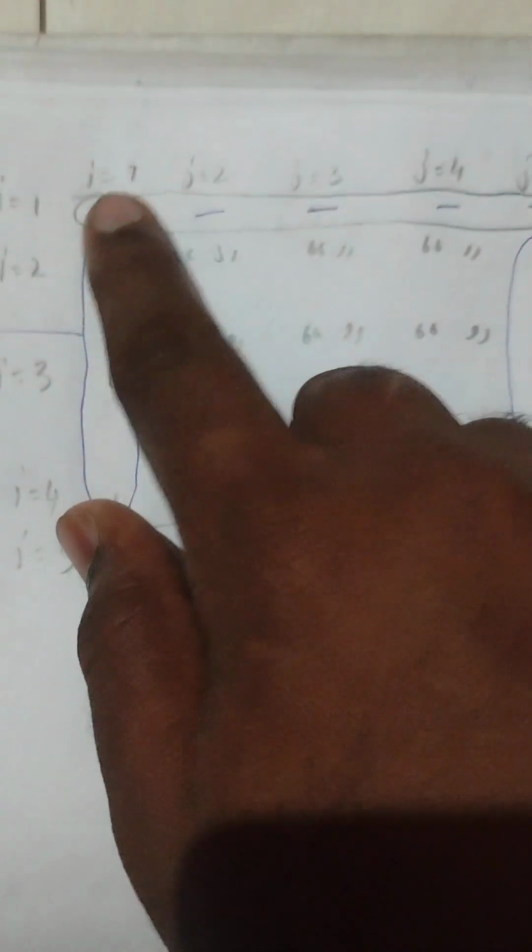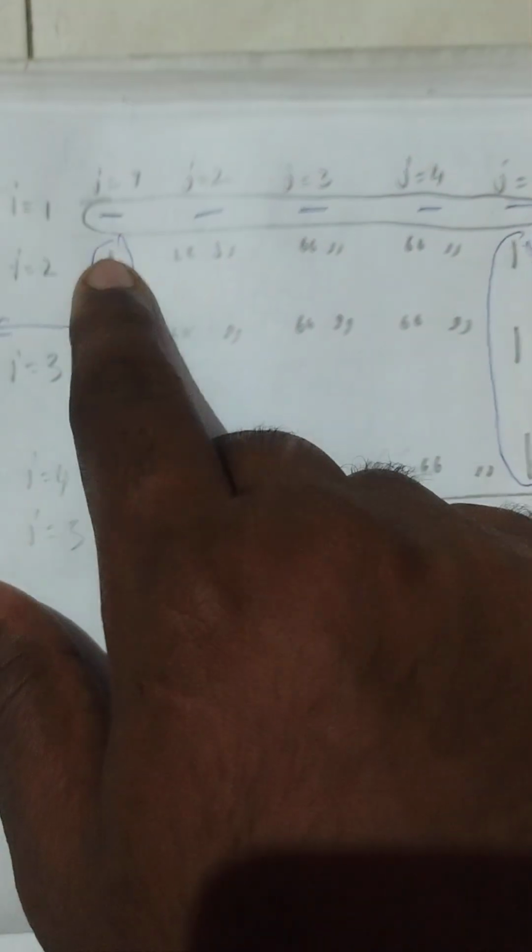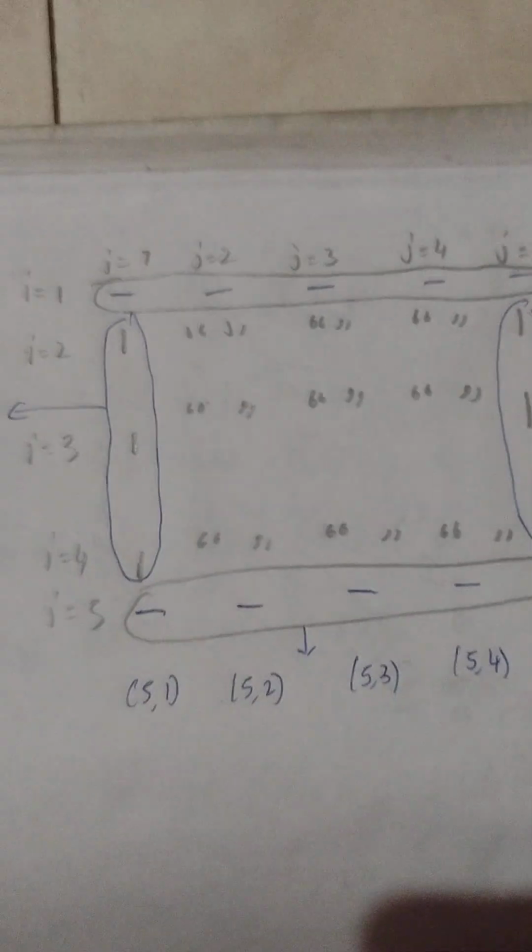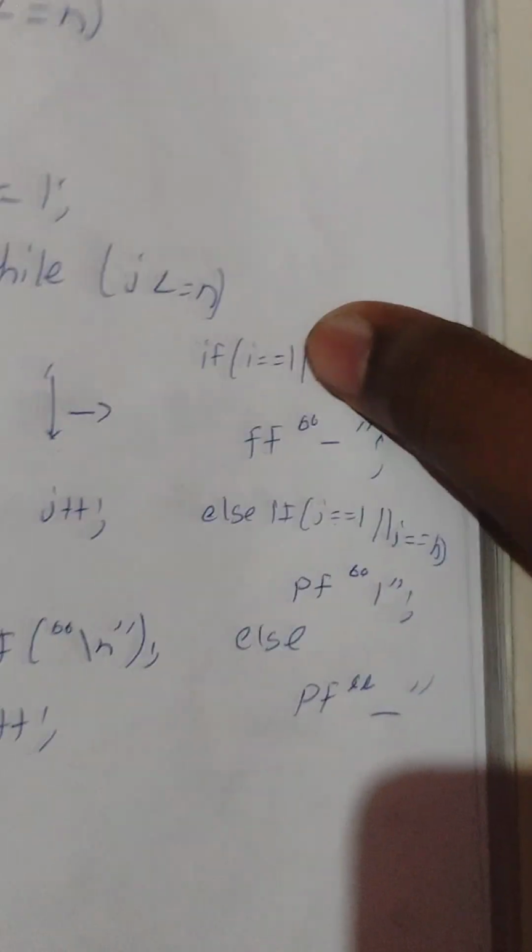And for this part, these are hyphens and these are pipes. How can we print these? So here I write the condition.